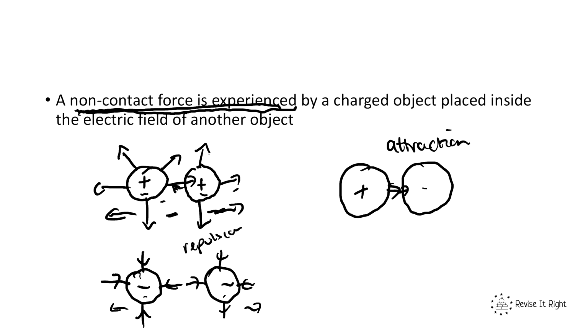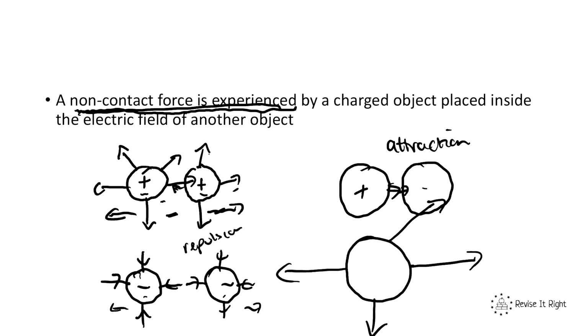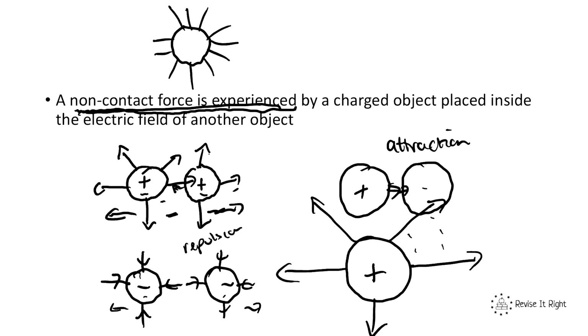So for example, let me draw another electric field here. And we know that this is going to be positive because the electric field lines are pointing away from the object. The closer these lines are together, the stronger the electric field. So for example, if I were to do this object here, and these lines show the electric field, and these are all pointing away again, and therefore we know it's a positive object.